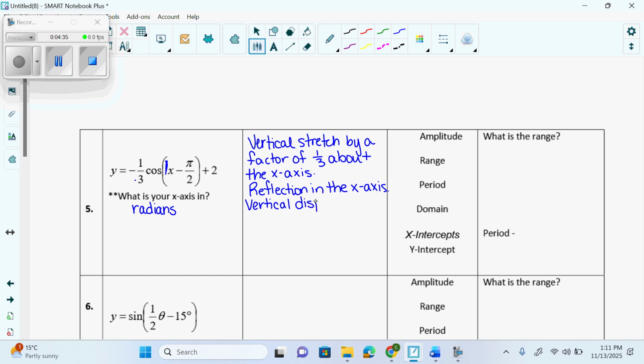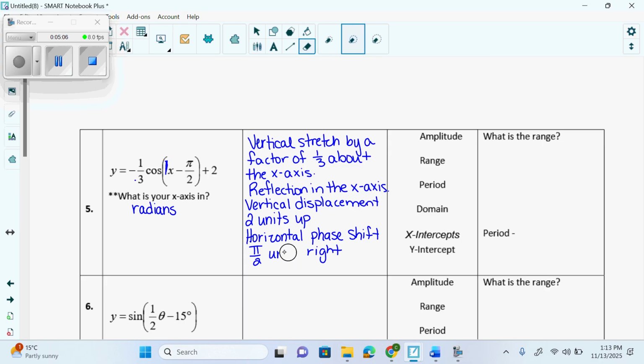Vertical displacement. Yep. Because you know the specific unit.